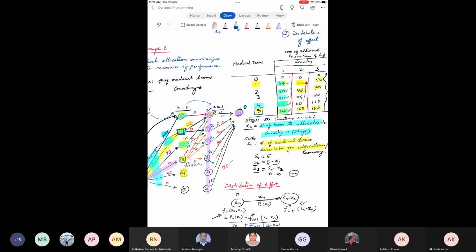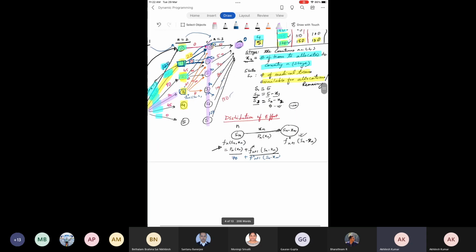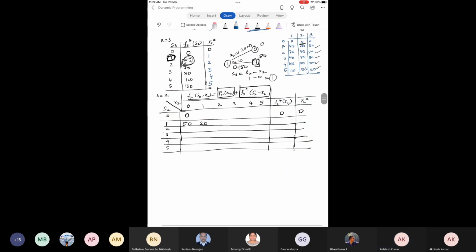If I make a decision to allocate one team, it will be 20 plus 0, all the future cost. If I do not assign anything, then it is 0 plus 50, all the future cost. That is what I have written, 50 and 40. Is it clear, guys?